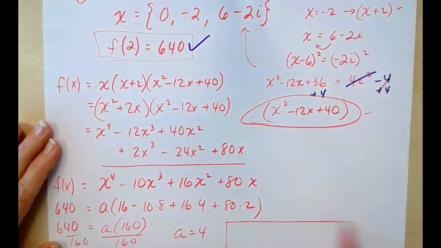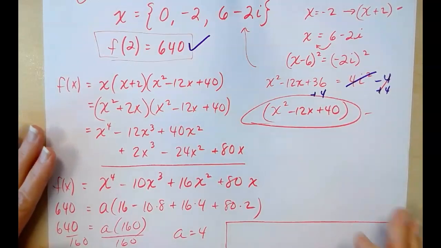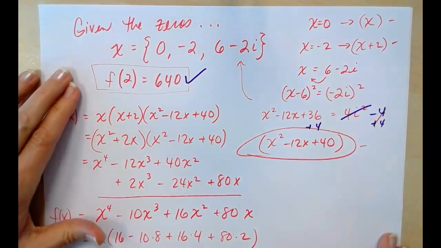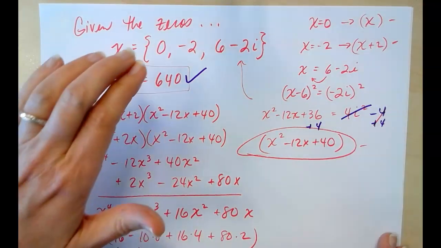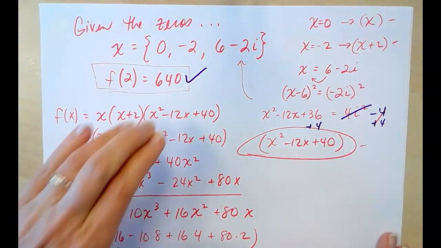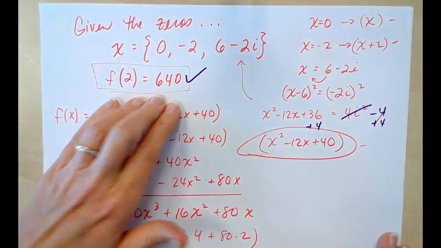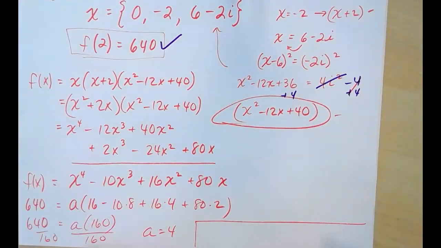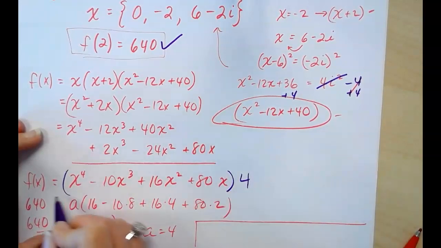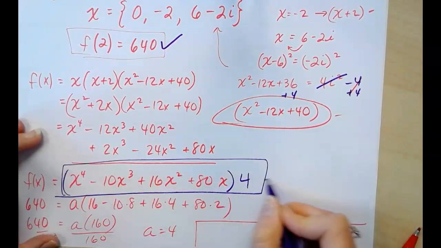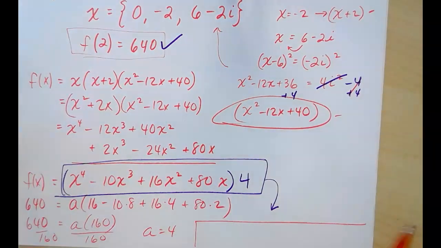So what does this translate to in our answer? Remember, we were given these zeros, and I asked you to find a polynomial that contains these zeros and also passes through the point (2, 640). So we've done that. We know our coefficient here, and probably the easiest way to multiply that coefficient a through is to multiply it through right here, and I will put it in the box below.